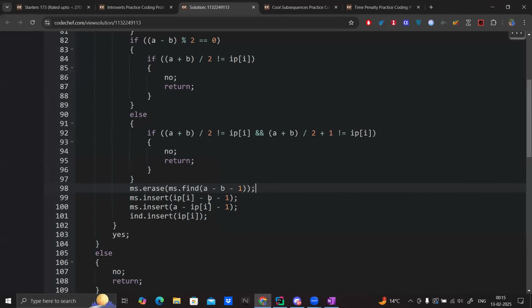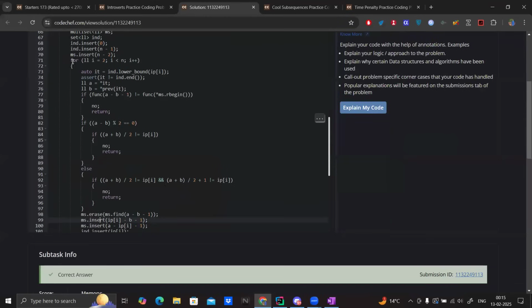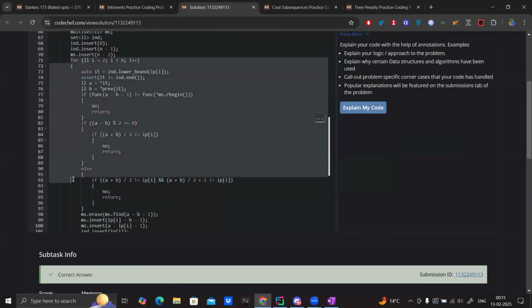So a - b - 1 was the length initially, but now it got broken into ip - b - 1 and a - ip - 1. So that's what we will erase and insert. So we have this for loop, and we just do this process from 1 till n.